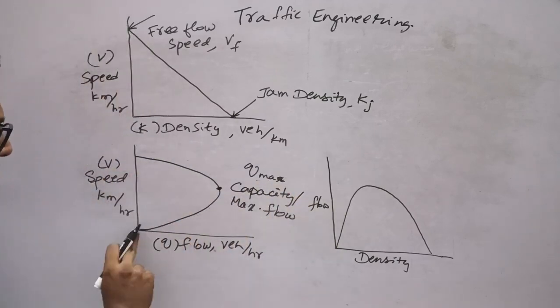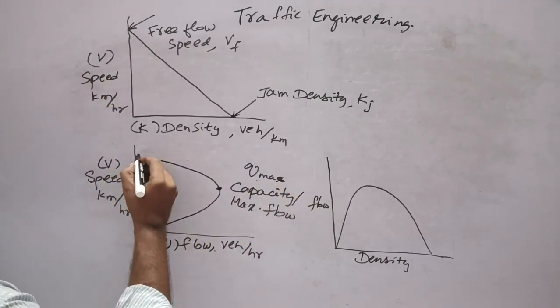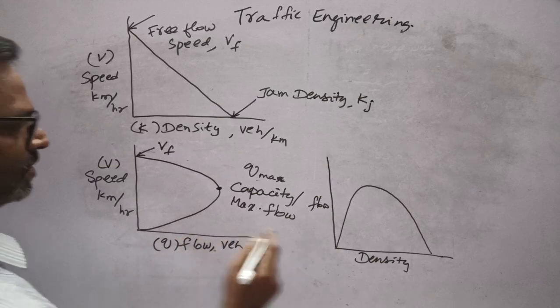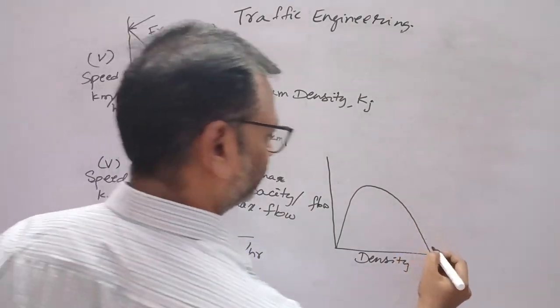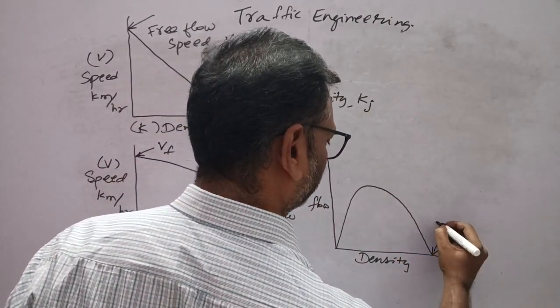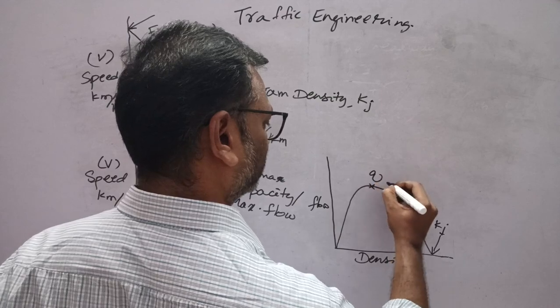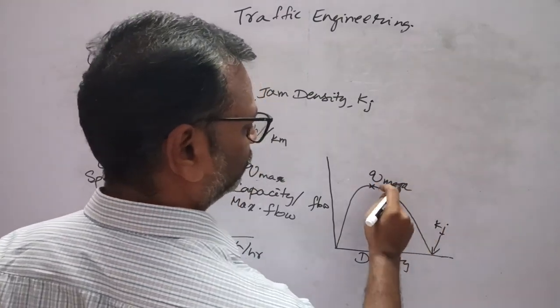In this parabola, you can see this is the free flow speed, and this parabolic curve, you can observe this is the jam density, and we have maximum flow here.